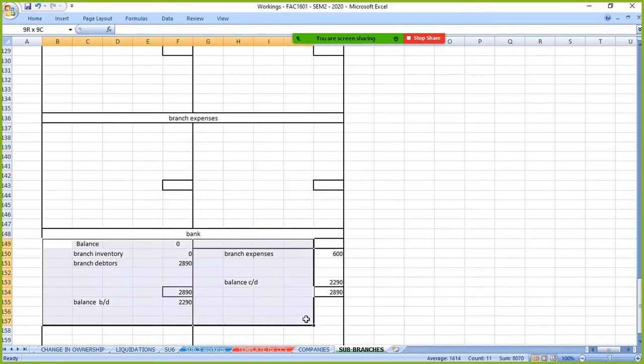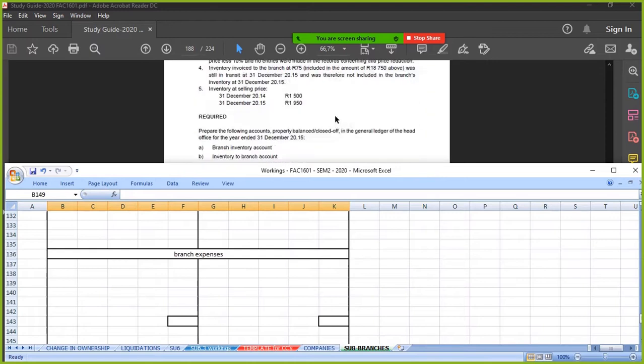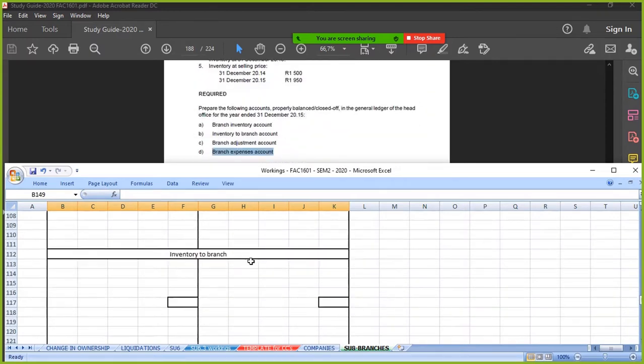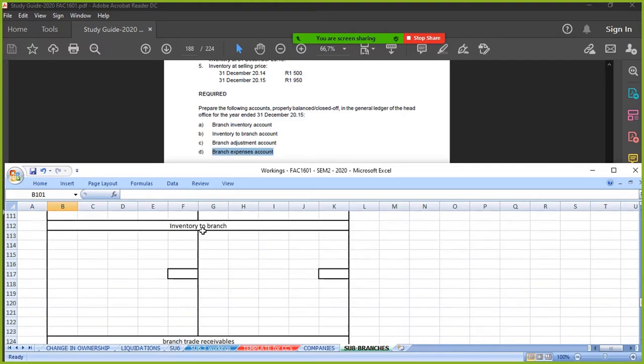Okay, so they wanted branch inventory. Do I have branch inventory? Yes, but now we need to write in selling price. That's very important. Okay, what else? Inventory to branch. Got that.